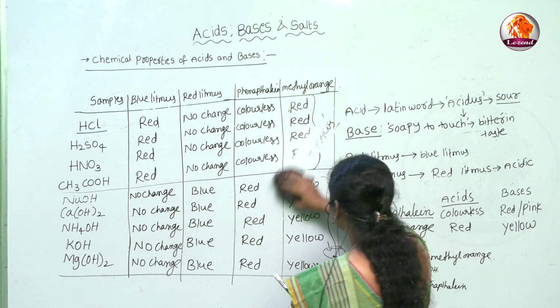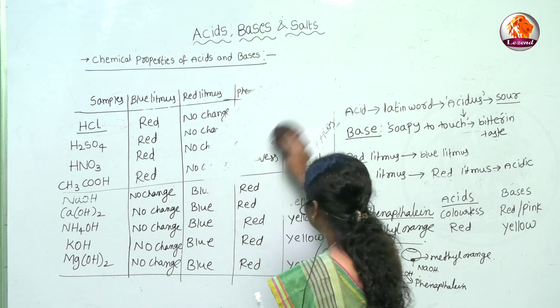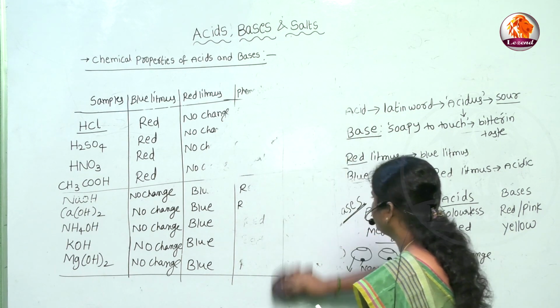So how do we identify olfactory indicators? That also comes under chemical properties of acids and bases.